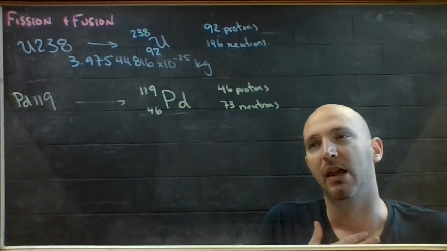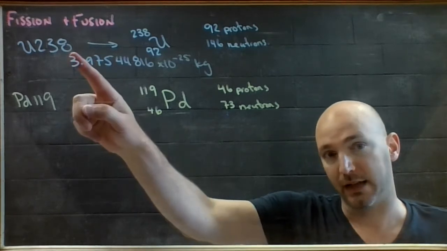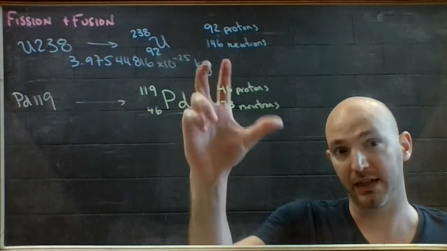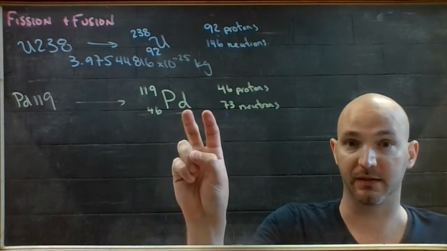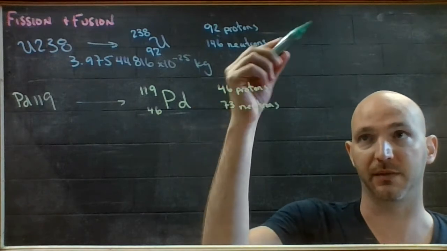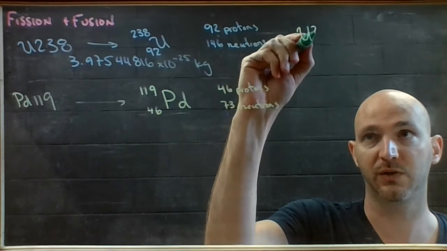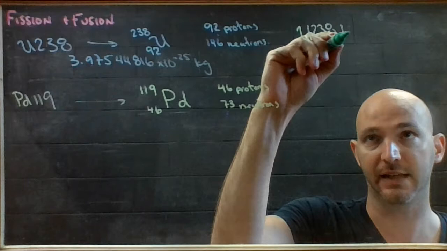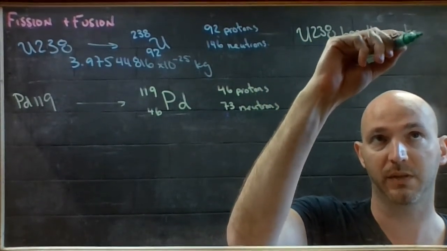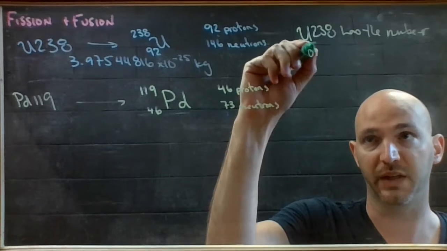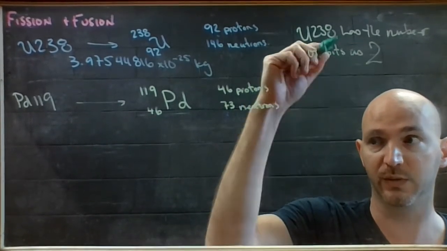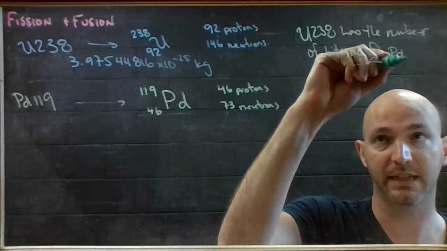So this uranium breaks into, if I split it in half, 2 of these, and all of the bits are accounted for. So let me just write that up there. U-238 has the same number of bits as 2 palladium 119.